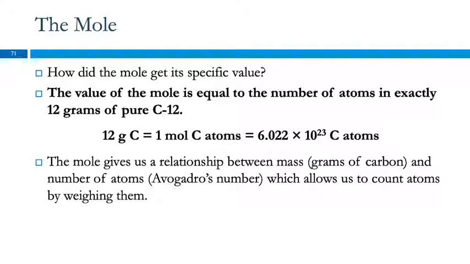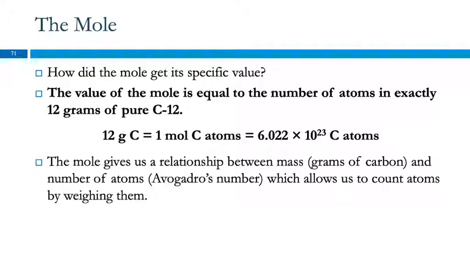An atomic mass unit is 1/12 the mass of a carbon-12 atom. So 12 grams of carbon-12 is this many, 6.022 times 10 to the 23rd carbon atoms. Now, yeah, there's a 1, 4 after that, and it's actually known a little further out than that, but for most purposes, 4 significant figures is enough, and so that's what we're going to use.